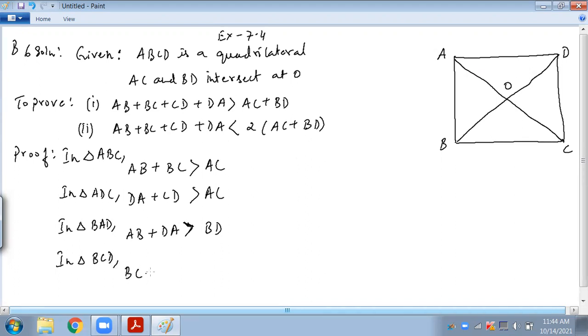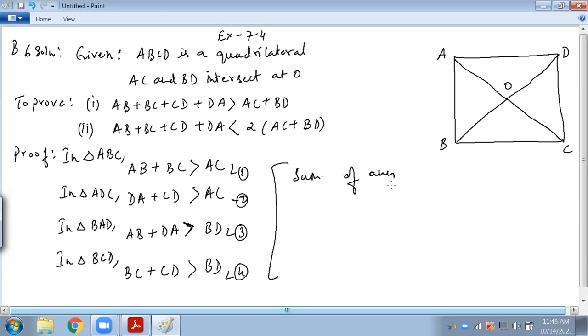You can take BC plus CD greater than BD. We can mark them 1, 2, 3, 4, and the reason will be: the sum of any two sides of a triangle is greater than the third side.